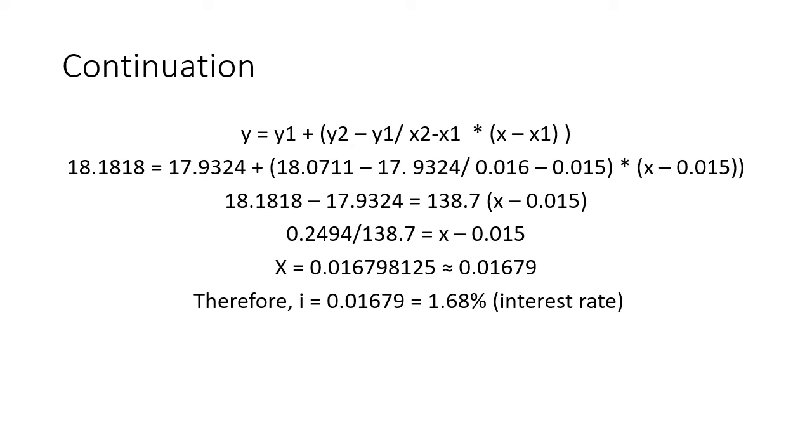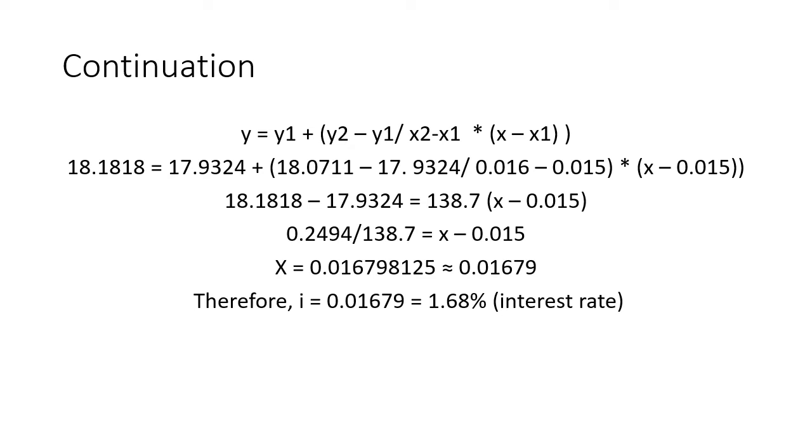When we computed the subtraction from the brackets, we got 138.7 multiplied by x minus 0.015. Therefore, in order to solve for x, we take 138.7 to the other side. Therefore, 0.2494 divided by 138.7 is equal to x minus 0.015.